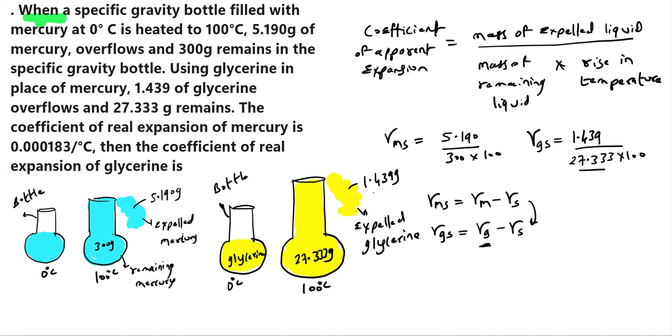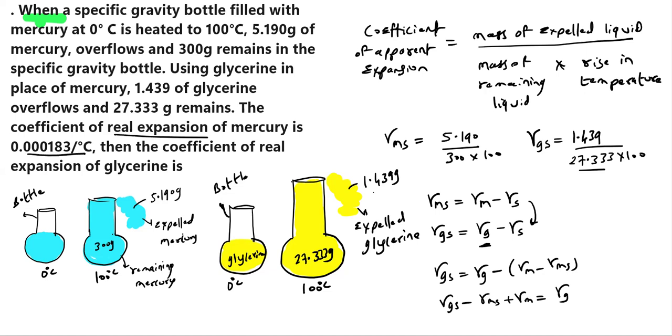I think substituting this here, gamma S will be equal to gamma M minus gamma MS. The coefficient of real expansion of mercury is a given value.